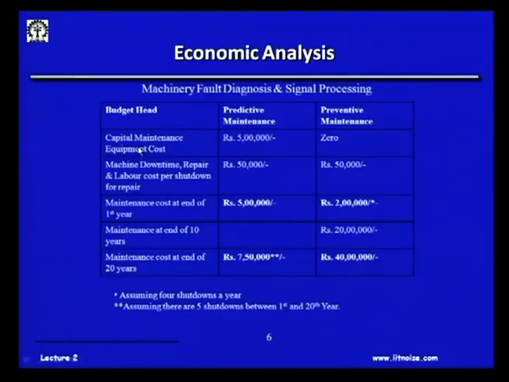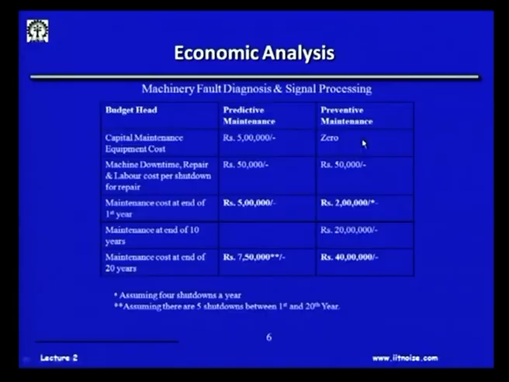First one, I don't know if you can see this, is the capital maintenance equipment cost. Though both my machines are new, on day one I would require an additional expenditure towards the signal acquisition, the transducer, the analysis unit. I need to have that in place.